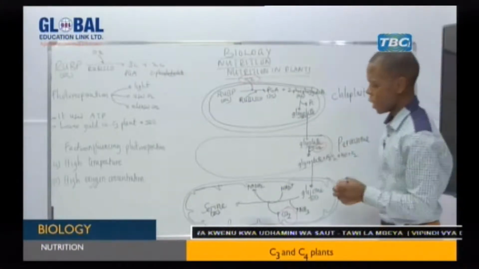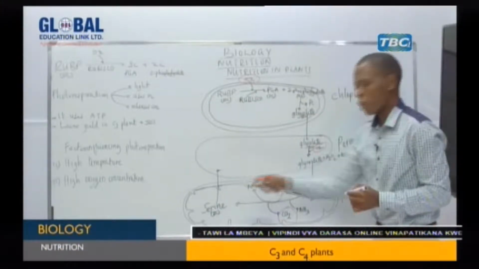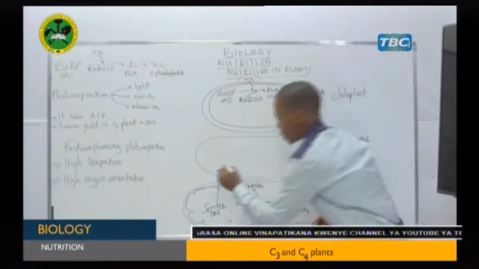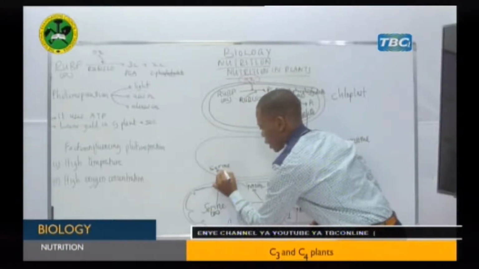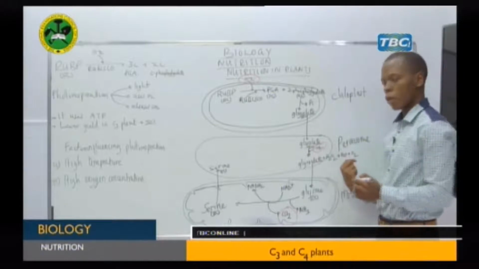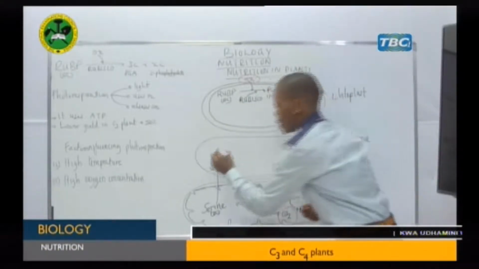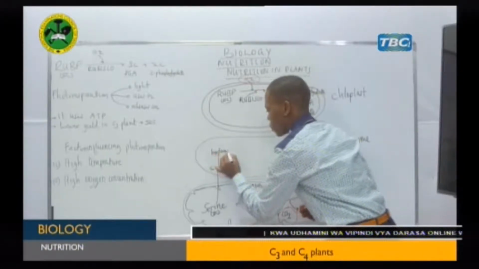Thereafter, after formation of this serine, it is transported into the leaf peroxisomes. Serine, a 3-carbon compound. In the leaf peroxisomes, serine is converted into another compound known as hydroxypyruvate.